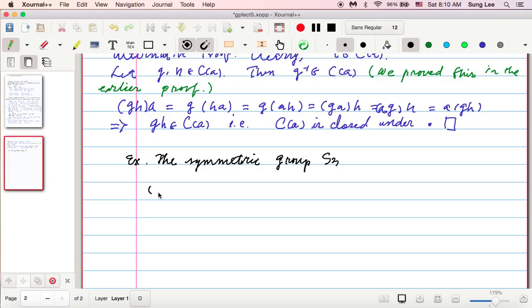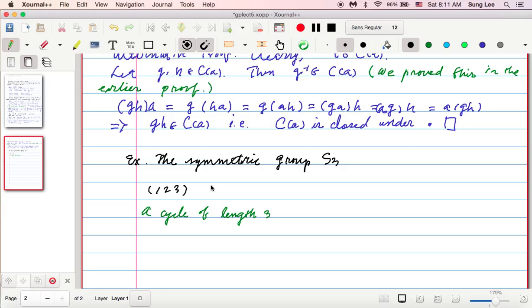So we saw earlier the cycle (1 2 3) belongs to S3. So what does this mean? This kind of thing is a cycle of length 3. What it means is that 1 goes to 2, 2 goes to 3, and 3 goes to 1.